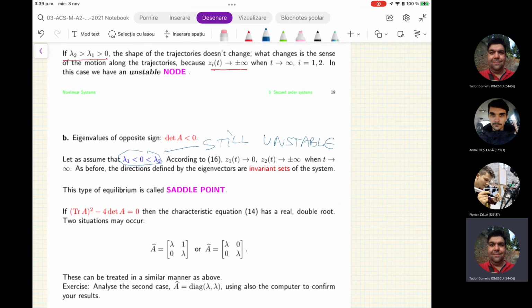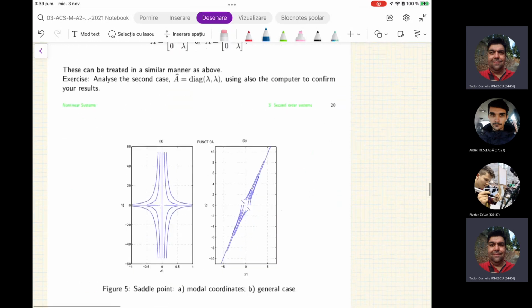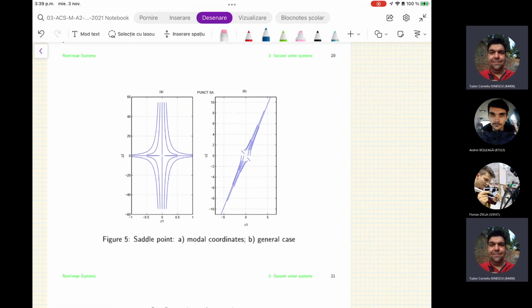This type of equilibrium point is called a saddle point, because z2 goes to infinity and z1 goes to 0.